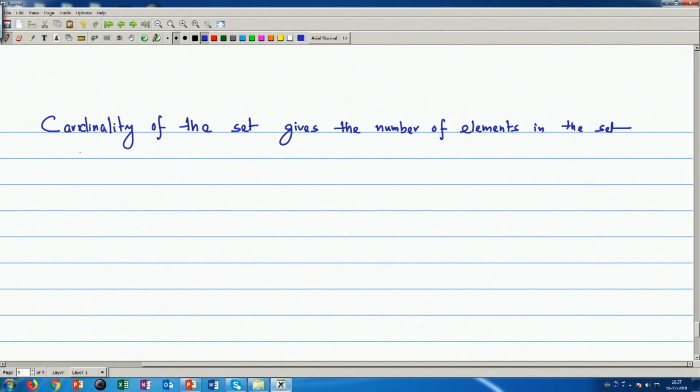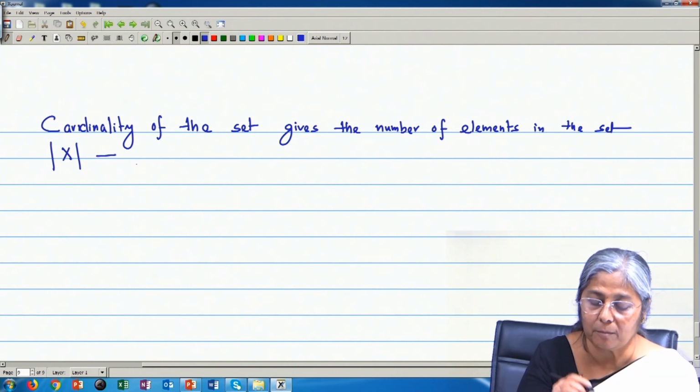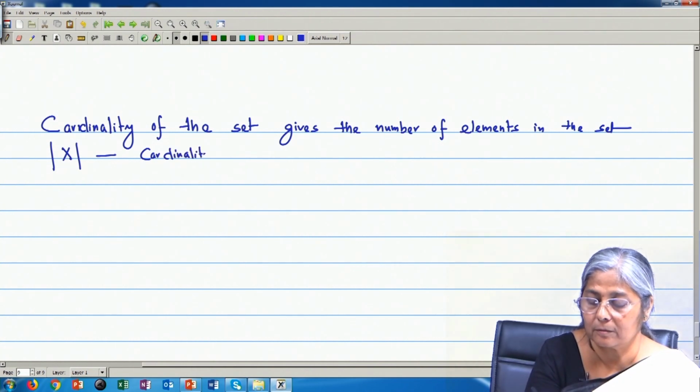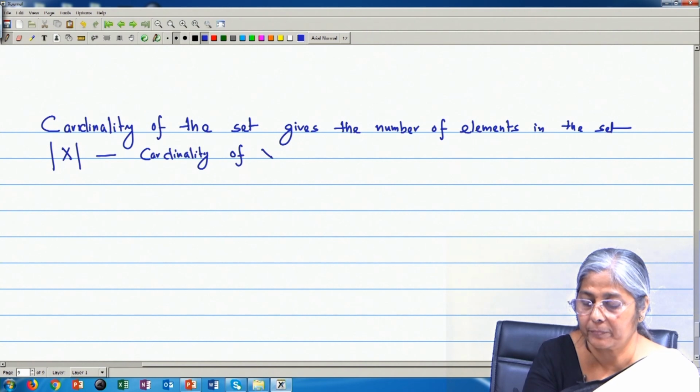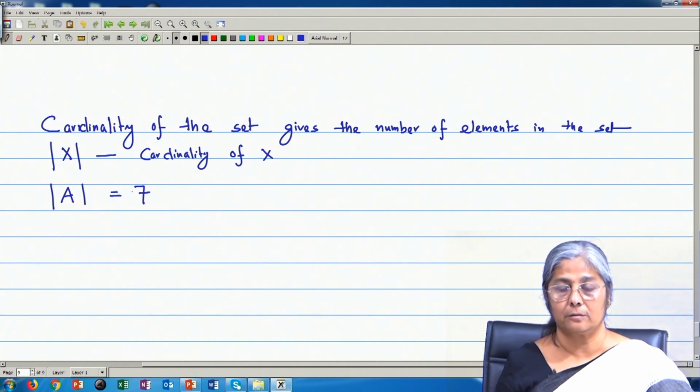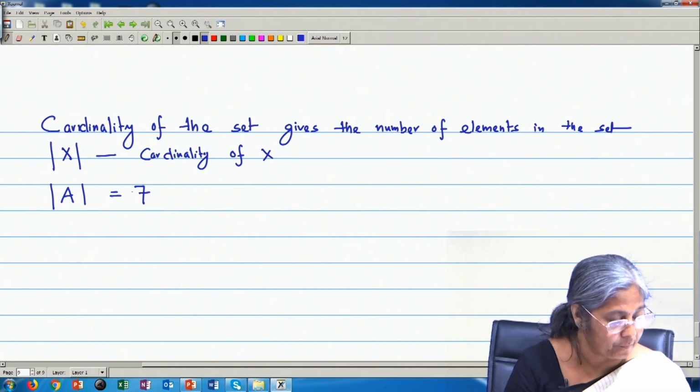We denote the cardinality in this way. This gives the cardinality of the set, that means the number of elements, is the cardinality of X. So, in the previous example, this is equal to 7 for the finite set A.